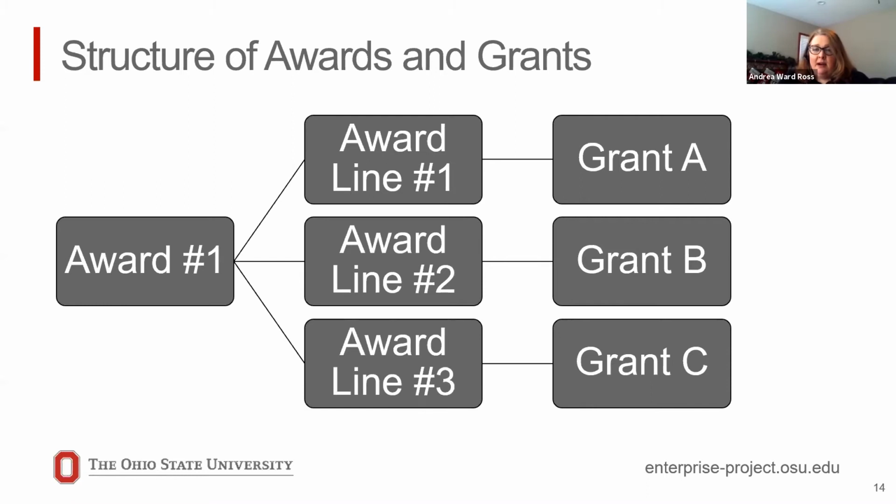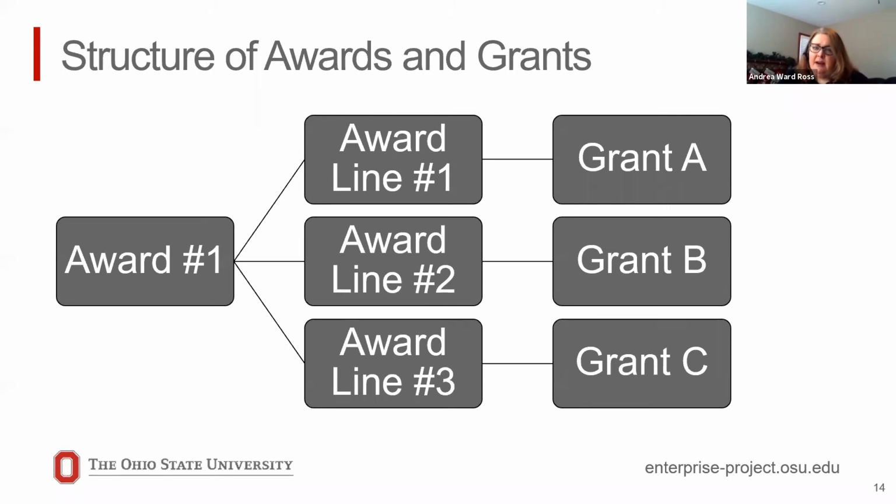But with each award line, we can only have one grant. And the grant value is the value that you're going to use to spend on your grants. So one award line equals one grant, but we can have many under one award. Why would we do that? So let's have an example where grant A would be your core grant. You've gotten an award from the National Science Foundation.